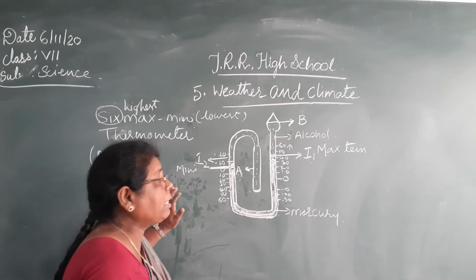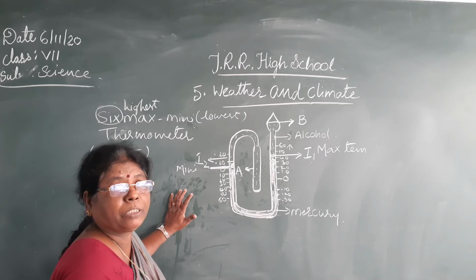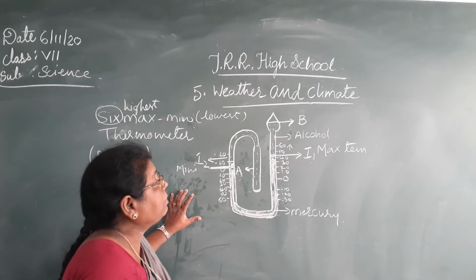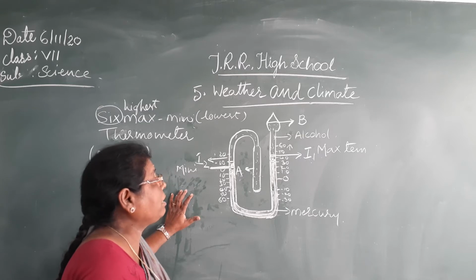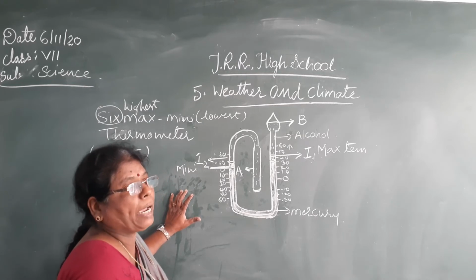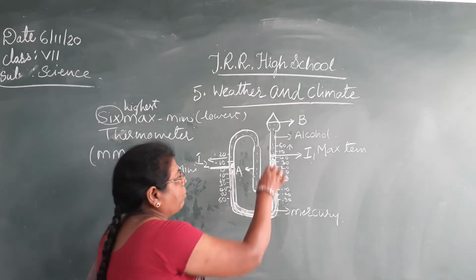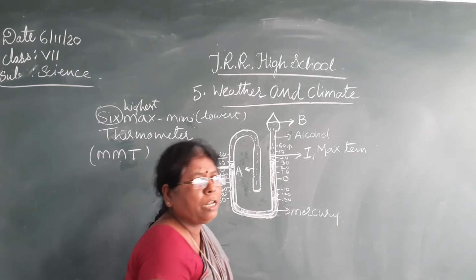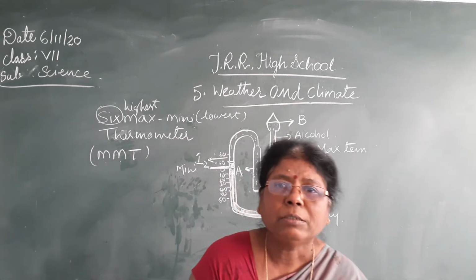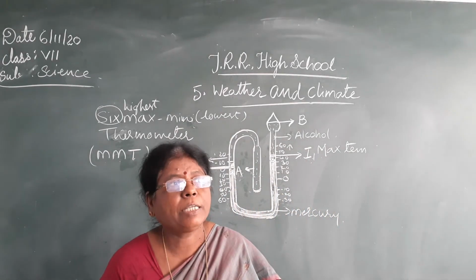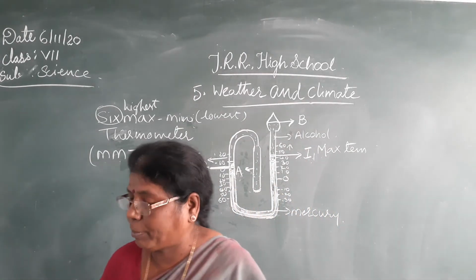After getting the temperatures, what you have to do is bring the I1 and I2 indicators back to their normal position by using a magnet. By using a magnet, get I1 and I2 down into their original position. This is the construction and working of Six's maximum minimum thermometer.